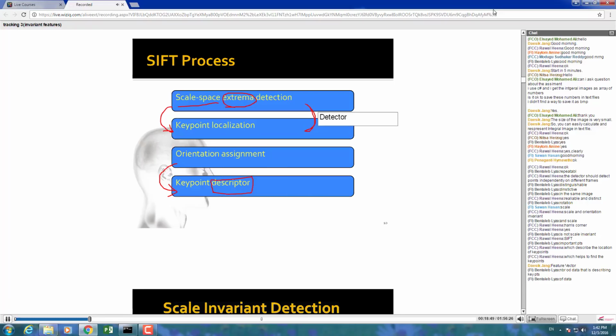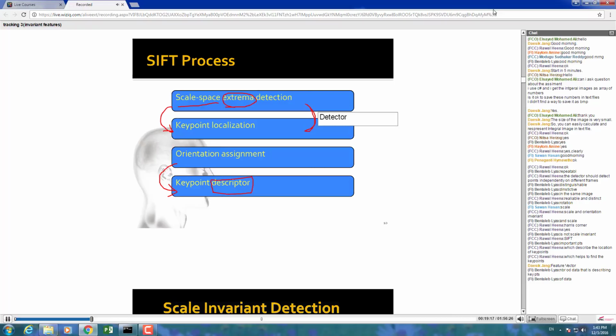So you can define any description you want. But to have a good descriptor, it should be reliable and distinguishable, right? Distinctive, right? Then we need some kind of special algorithm to calculate the descriptor properly.